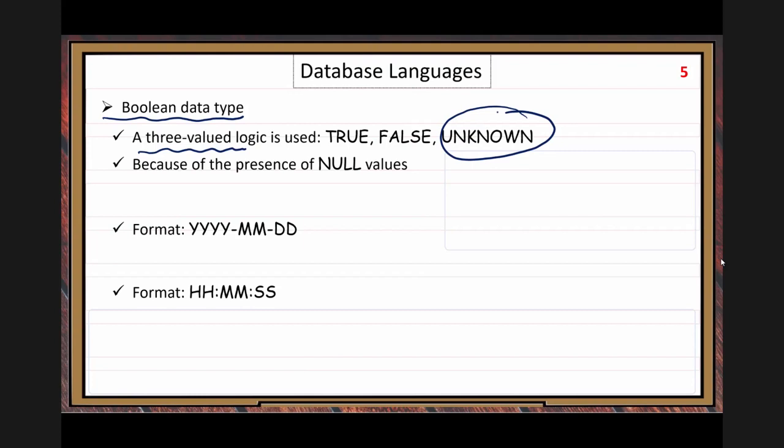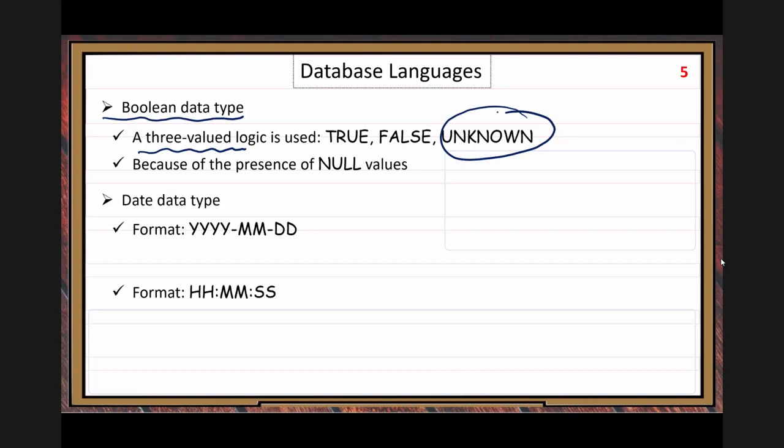So for that reason, you use unknown, the third Boolean value in SQL. That's quite special. You need to prepare yourself mentally for this important SQL difference. So that's the Boolean data type.